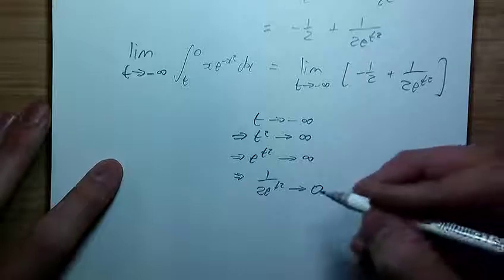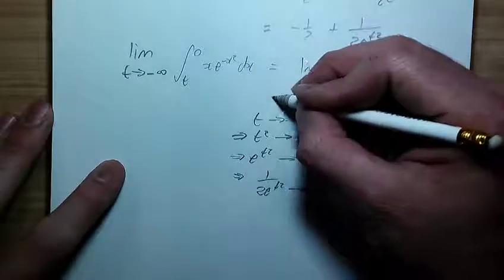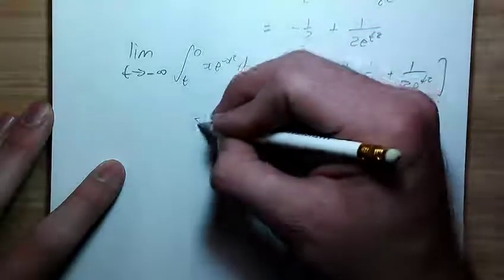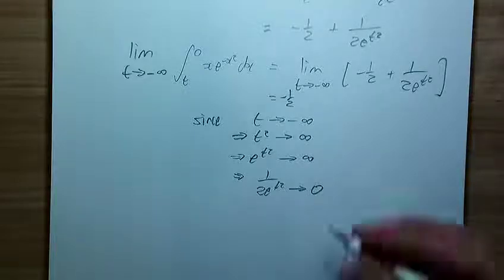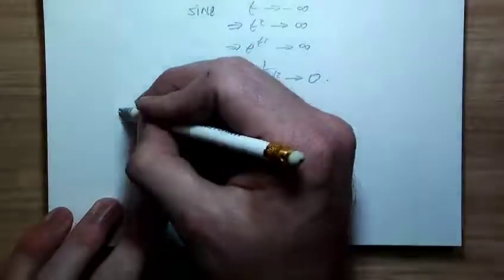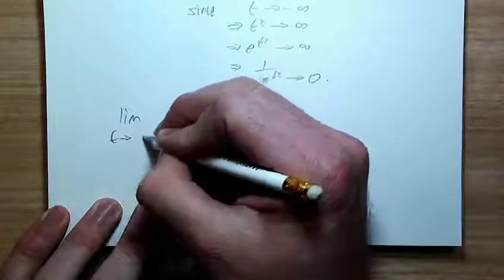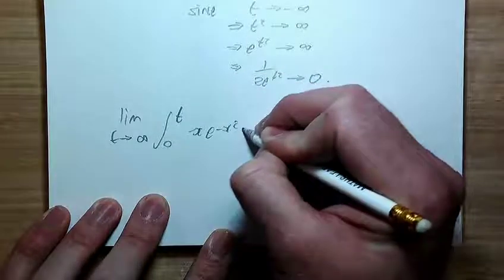All right. I think I'm just going to write equals minus a half since, and now the working looks like real working. Okay. So what about the other end? The limit as t goes to plus infinity of the integral from 0 to t of x e to the minus x squared dx.